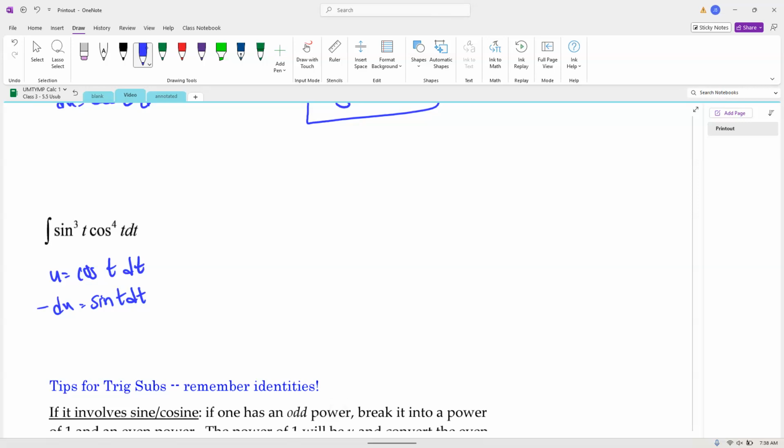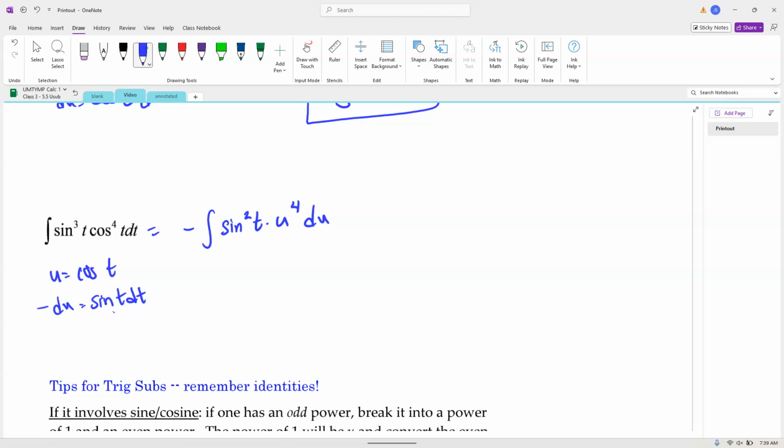There shouldn't be a dt on the first one, my bad. There we go. Integral, negative pulls out front. One of the sines gets absorbed from the dt, so I'd still have a sine squared of t, and then I'd have u to the 4th du.